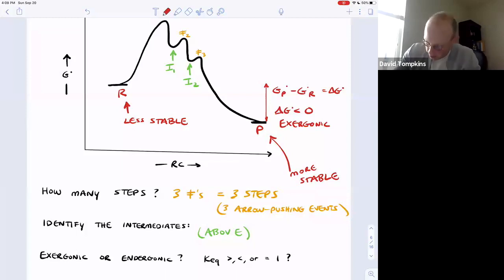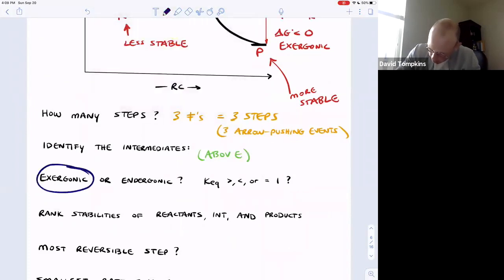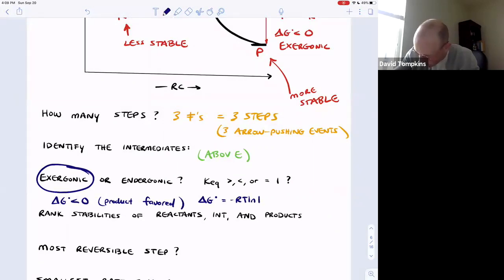So that's thermo. The reaction's exergonic, or delta G drops down, and it's product favored. And that means, because delta G is related to the equilibrium constant, the equilibrium constant must be greater than 1, or it must be more products than reactants at equilibrium.